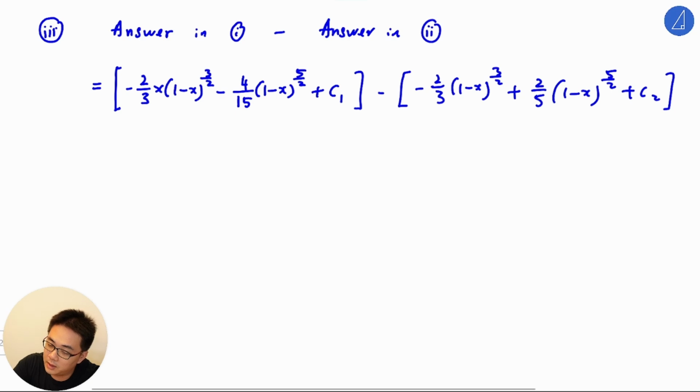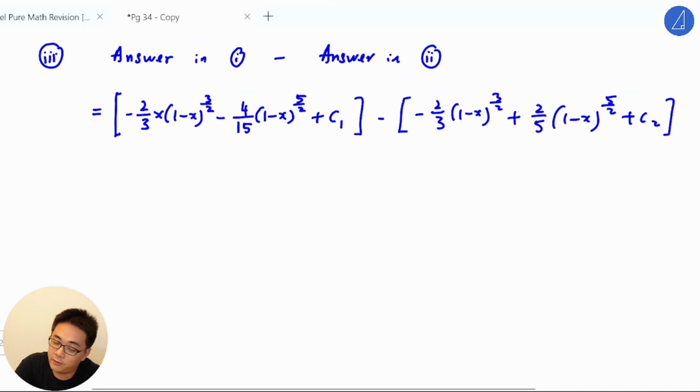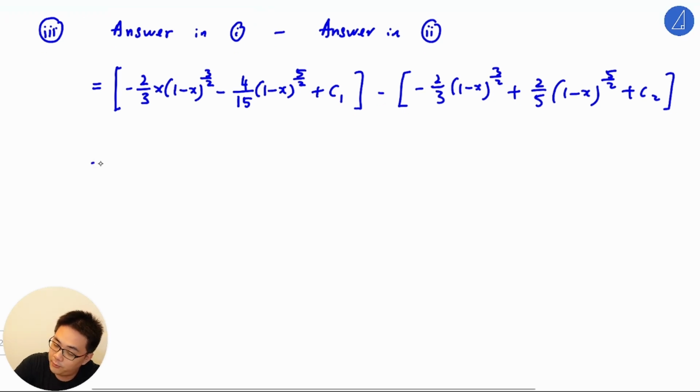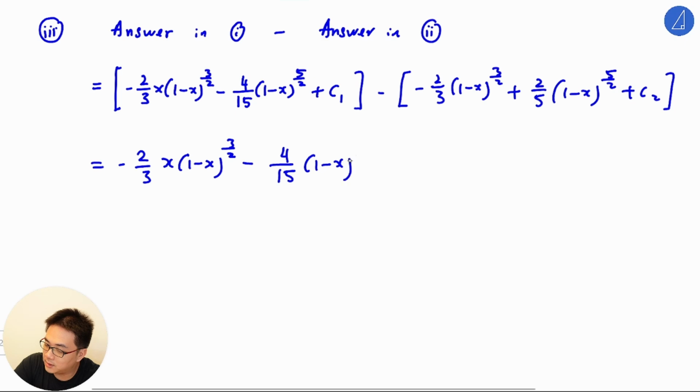You see that this one has an x here and there's no x here, so you try to factorize something out. This is algebraic manipulation; from here it's all algebra. I will suggest bringing out the minus x (1 minus x)^(3/2). Because this guy here, I need to force a 3/2, so I know 3/2 is equal to 5/2 minus 1.